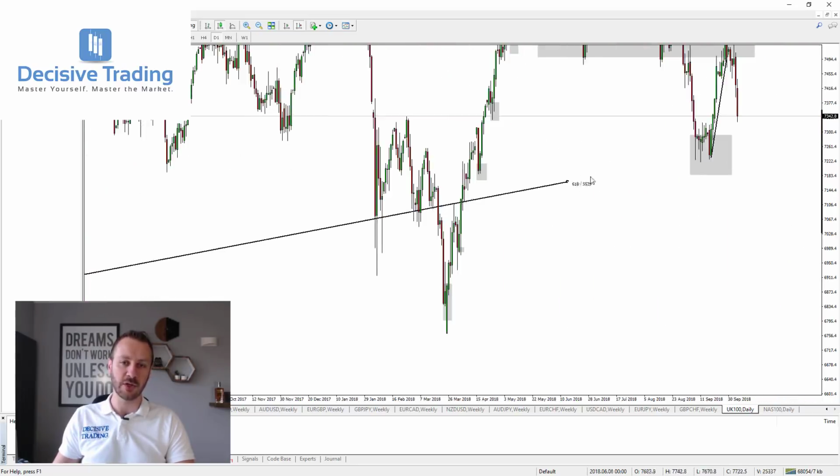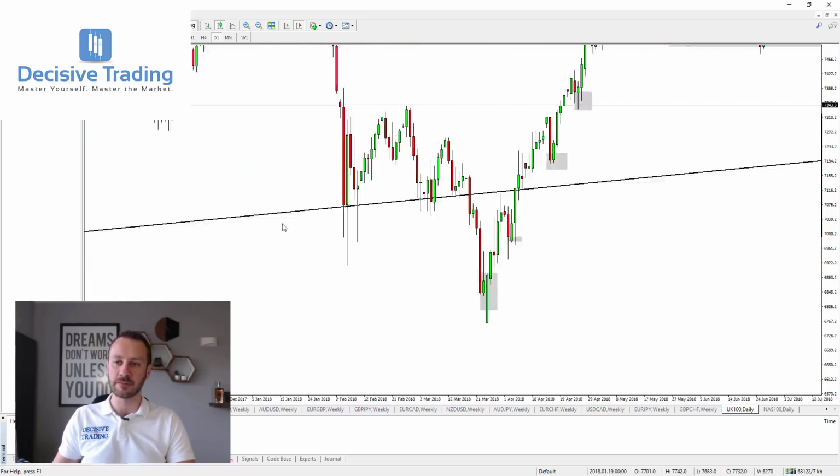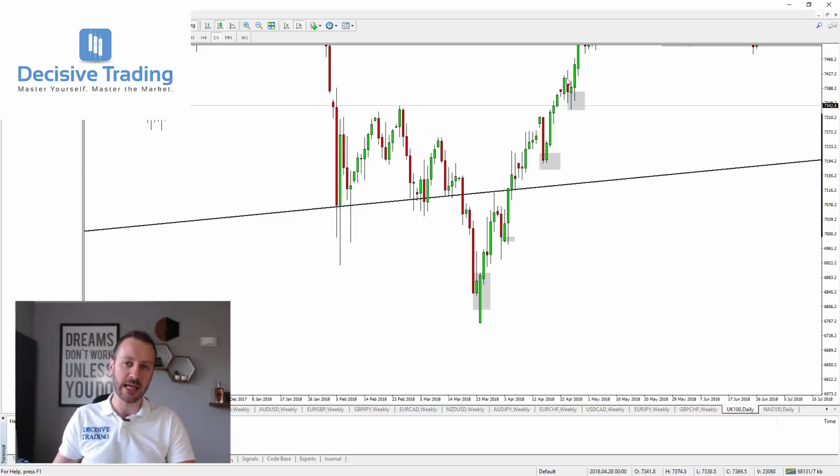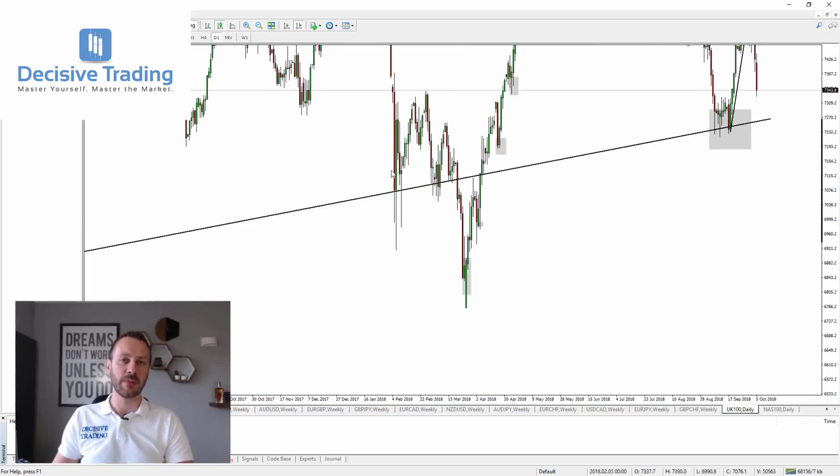If we extend it further, we can see the market bouncing off of it, coming down, again bouncing off, again bouncing off. We break down, we come up, we reject off of that level, we break down, then we break above, and even as we break above, we spike down and we test, and then we press away. So this is the market giving me multiple areas of evidence to spot this trend line.